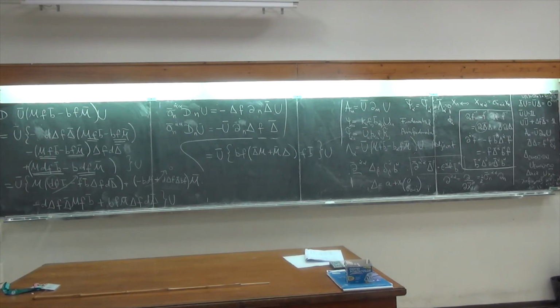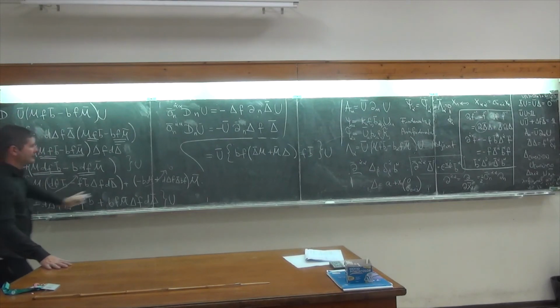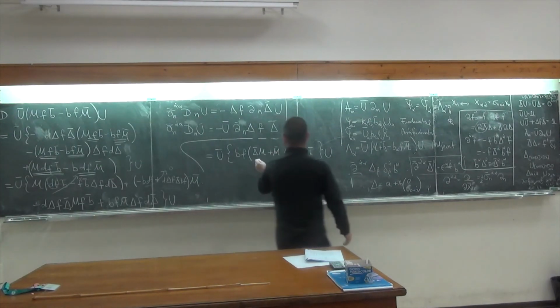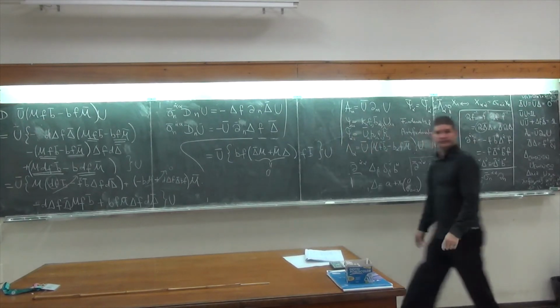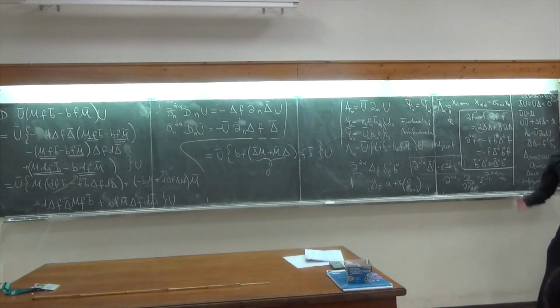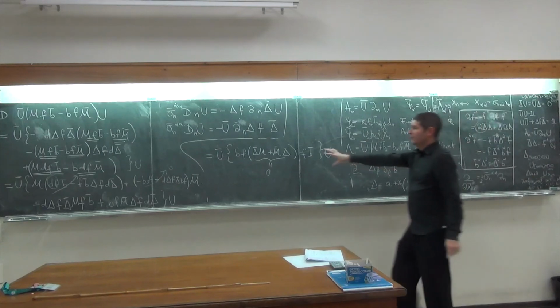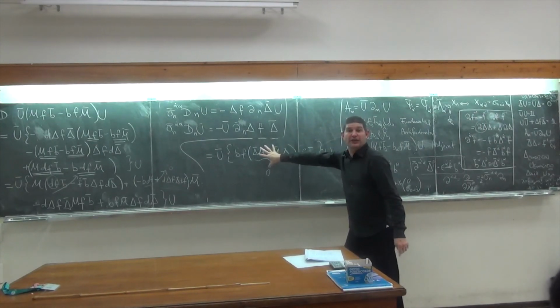Okay? And the crucial point is that all this cancels except for this. So the only way that this is 0 is this. So you see, for fermions, you find a sort of ADHM constraint, but for fermions.